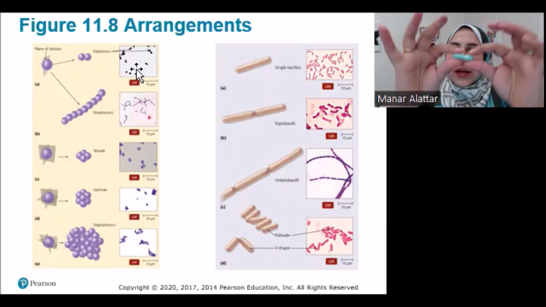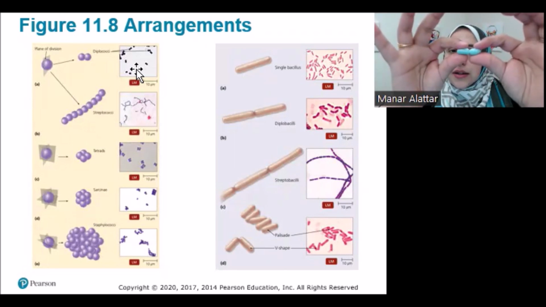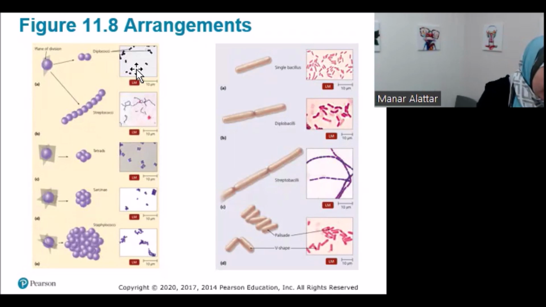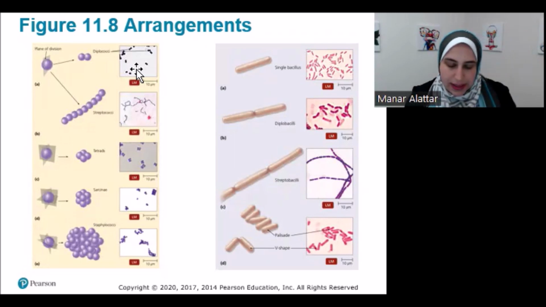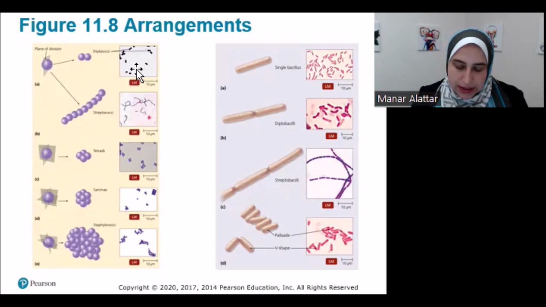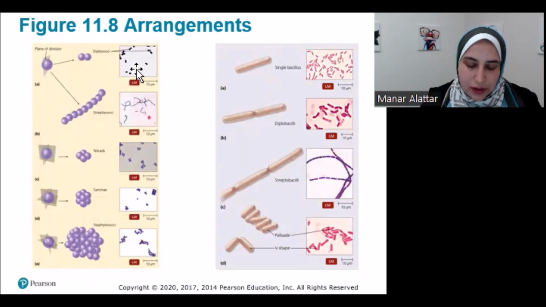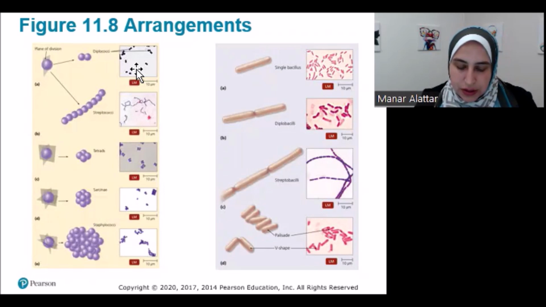Okay, and then you get two adjacent cells that are daughter cells. That's a diplobacillus. And then if you continue that process, where each daughter cell just continues to reproduce by dividing on that same plane, then just like with our cocci, we will have a single file chain, in this case of bacilli or rod-shaped organisms, and those will then be called streptobacilli.